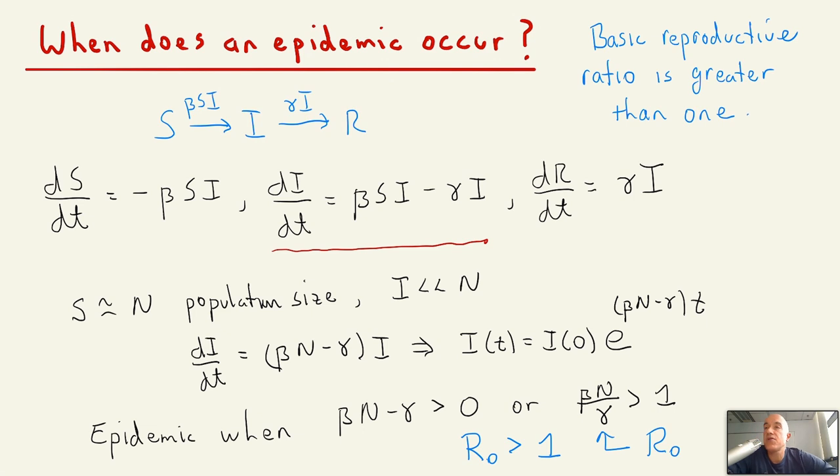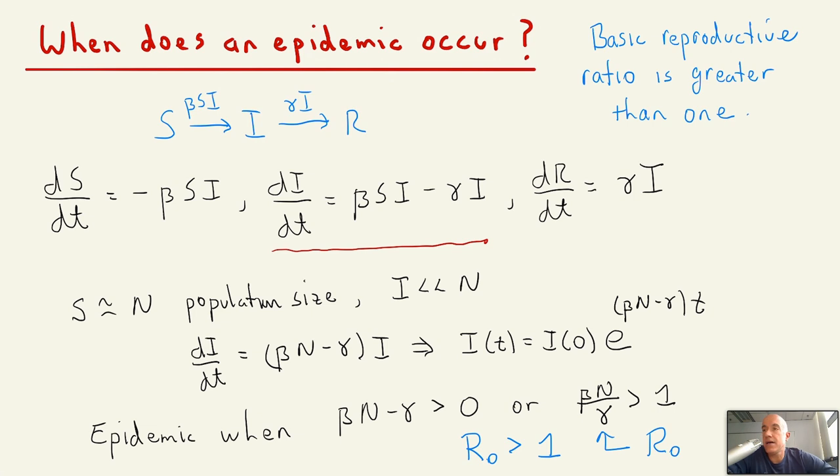Okay? In terms of our parameters, that's beta N over gamma. So remember, N is the population size. So with a larger population size, you're more likely to have an epidemic. New York City, for instance.